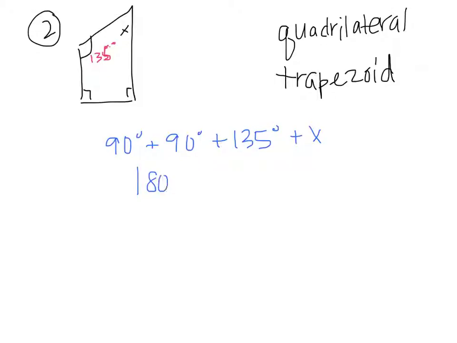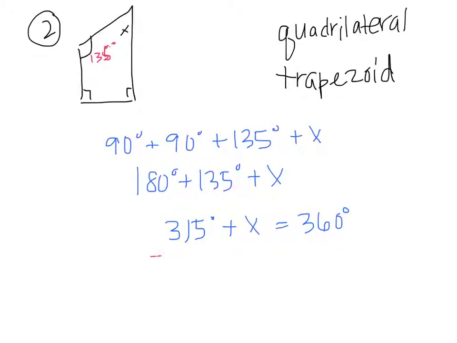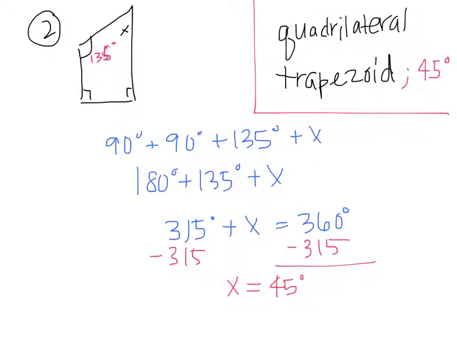This is 180 plus 135 is 315, plus x, equals 360. So if we subtract 315, we get x equals 45 degrees. Okay, so up here I would have quadrilateral, trapezoid, and 45 degrees, and box your answer.